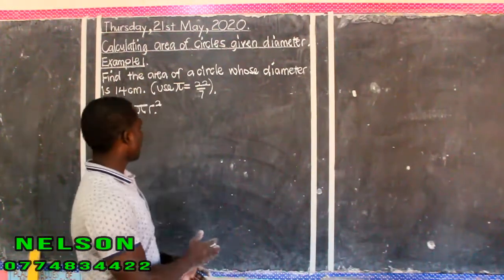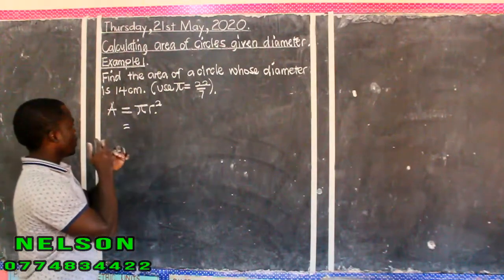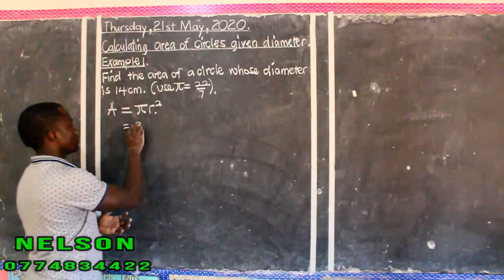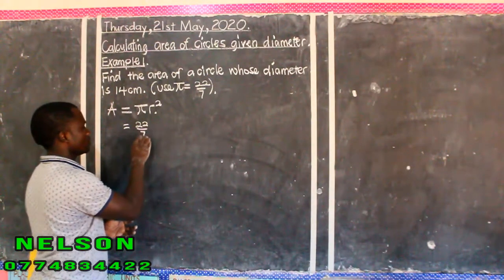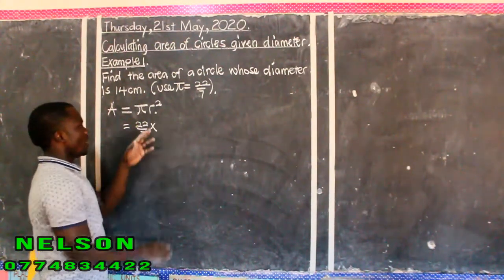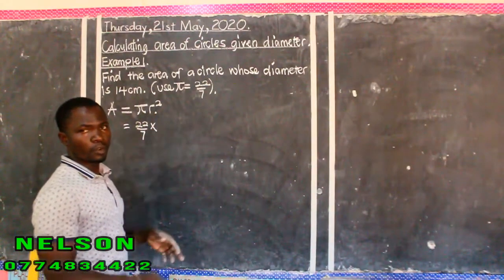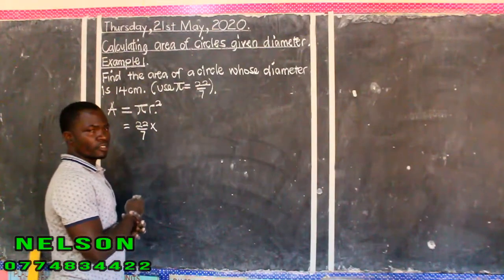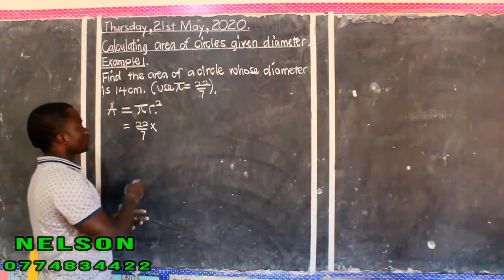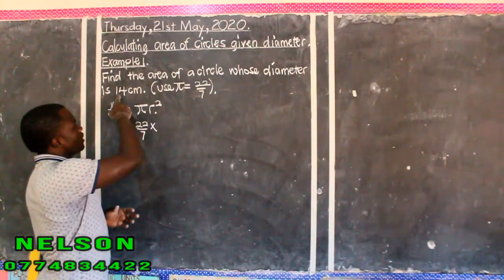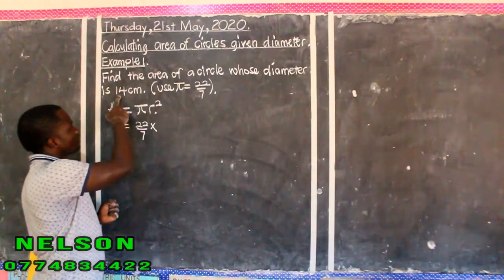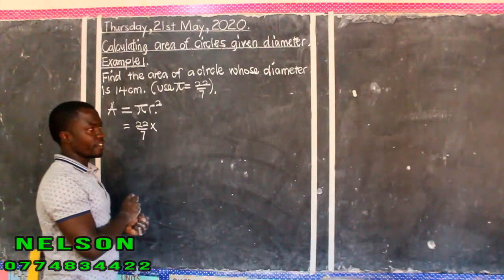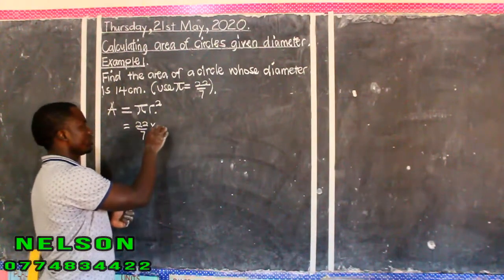So here we are. The pi given to us is 22 out of 7 times r squared, which means that you are going to multiply the radius times the radius. Remember, they have given us the diameter of 14. But how do you get the radius from the diameter of 14?